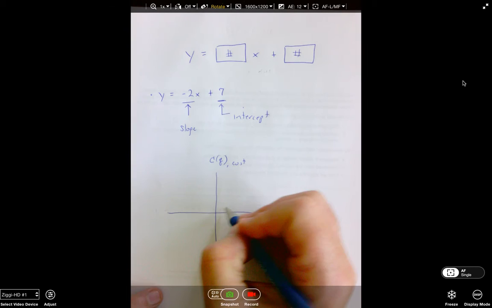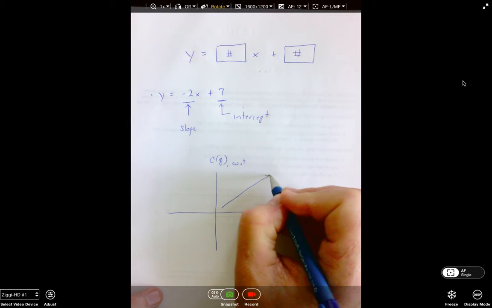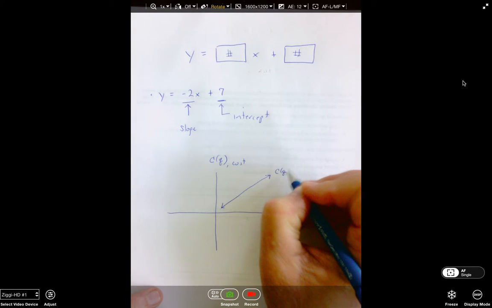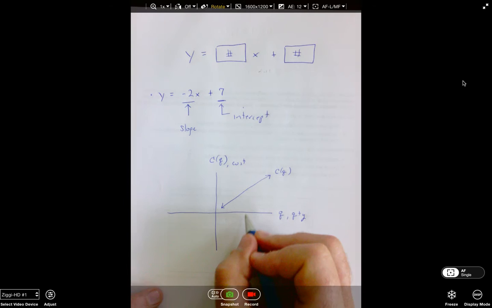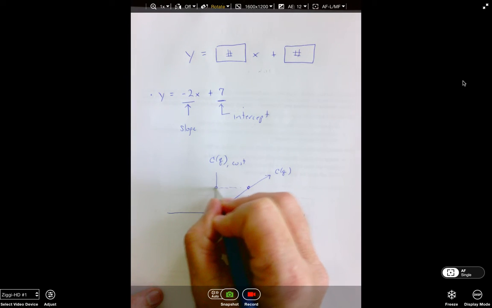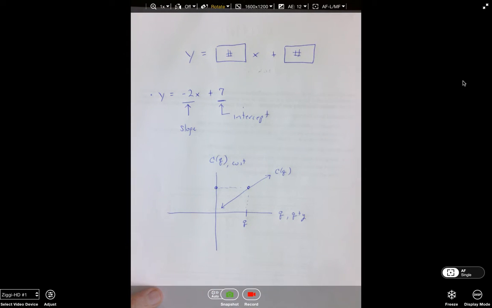So we might have some linear function that we define as c of q, where some particular quantity will result in a particular cost. Okay? We're going to run into revenue functions and cost functions and profit functions, supply and demand functions, which all take on a linear relationship.